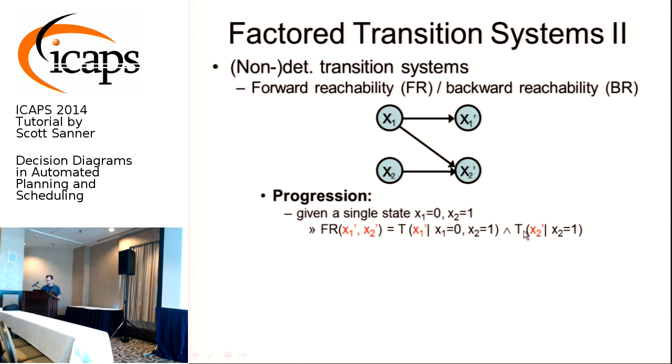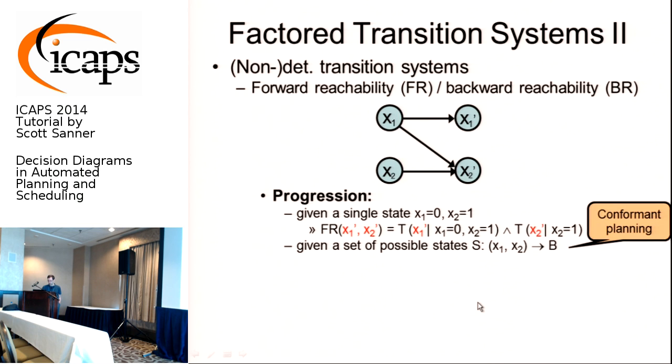So I've got a function here, say a table for the possible states that I can reach in x2 prime given current state x2, and the possible states that x1 prime can reach given current states x0 and x1. And here you see, given these representations, I just need to do the conjunction of these two to see what joint states are possible for x1 prime and x2 prime. So I need to do a Boolean operation on these two transition functions.